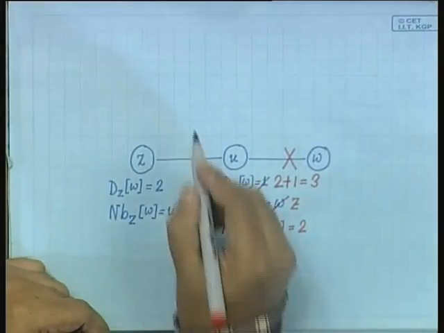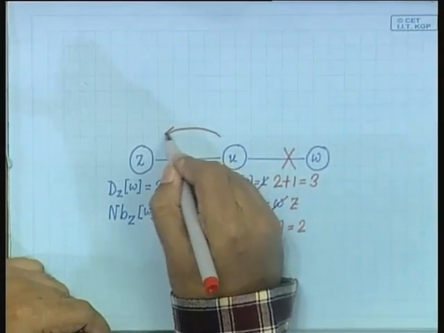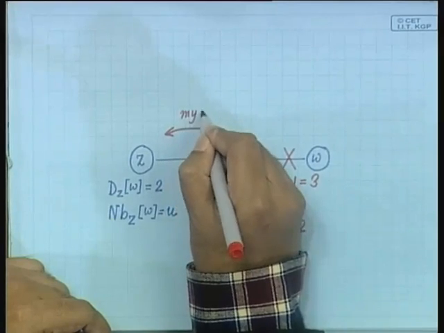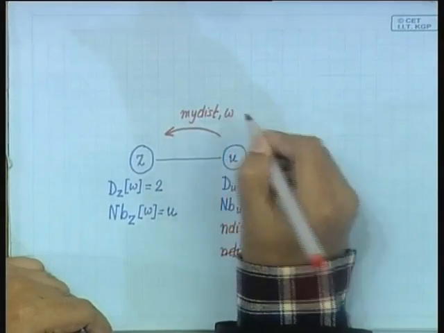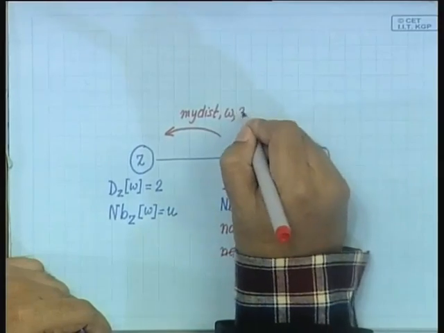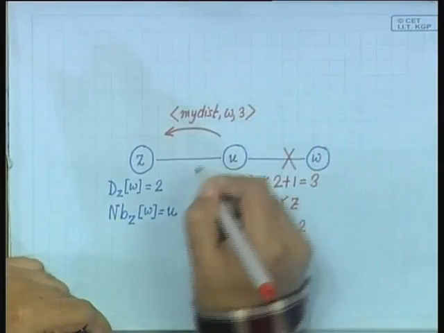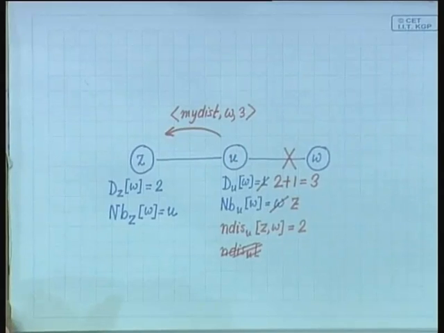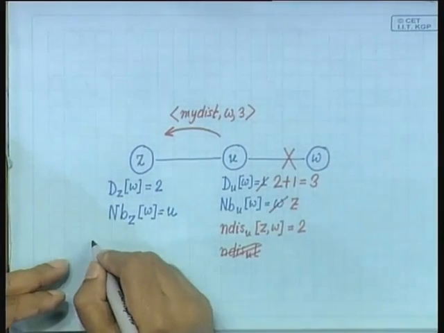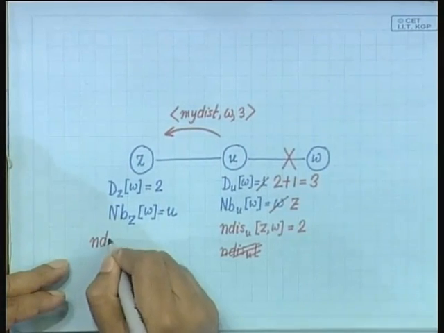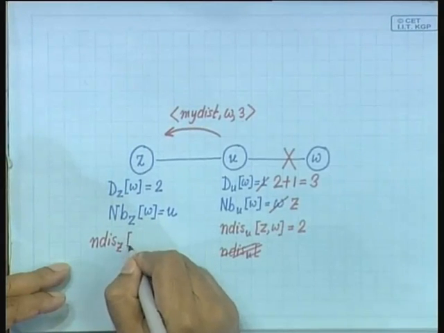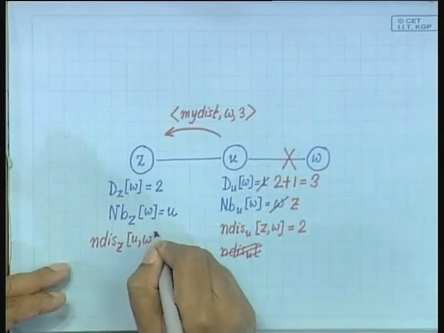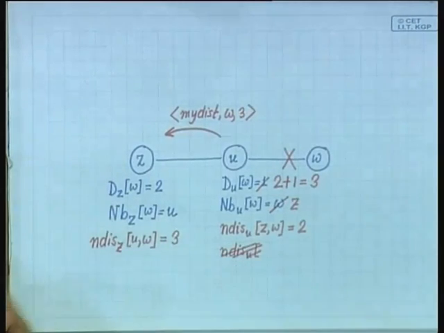What will it then do? It will send a MyDist W 3 message to Z, right. What is Z going to do? It will update NDIS_Z(U, W) to 3, right.